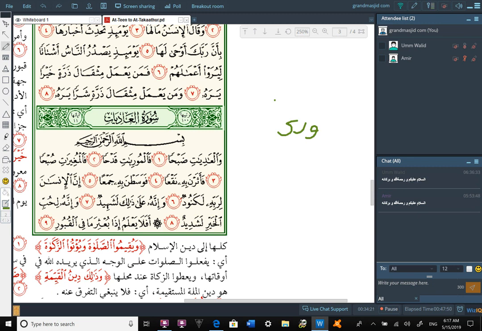The singular is murin. Again, he's describing the horses. Wal muriyati qadha. And those who are striking the fire. He's still referring back to the adiyat.